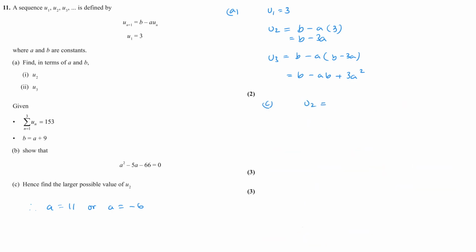So u2 equals b minus 3a, and b was a plus 9. So a plus 9 minus 3a, so 9 minus 2a. Now to get the largest value, because this is negative, the negative 6 will give me the largest value. So let a equals minus 6 and u2 equals 9 minus 2 times minus 6. And that equals 21. And there you have it.